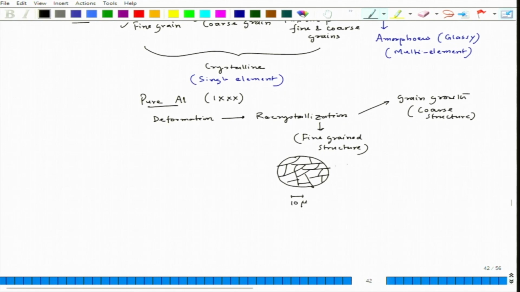Now, same thing if we take it to the grain growth regime, it will come like this. If you put it at the same scale of 10 micrometer, you could see that there will be very few grains and the size of the grain would increase. So, that means we are getting coarse grain. This is coarse grain, this is fine grain. Now how do we get the mixture, which is bimodal? We call it bimodal structure.